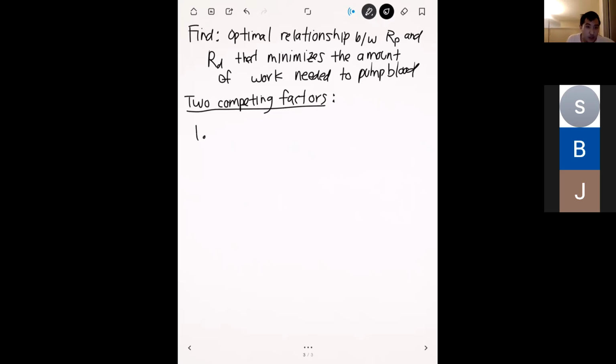Okay. And so as the vessel radius decreases, the amount of power that's required to pump it will go up.